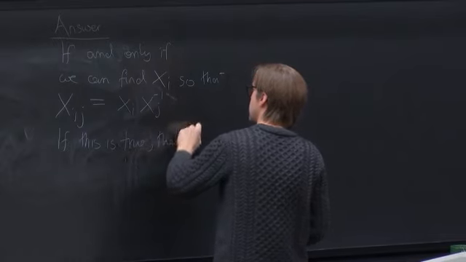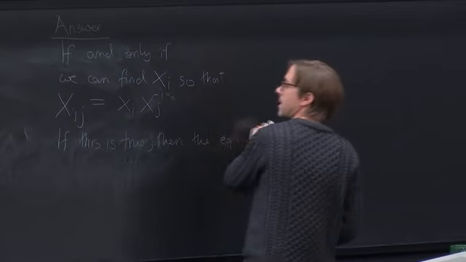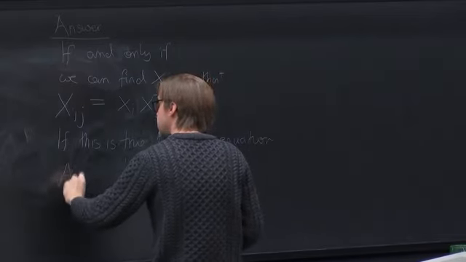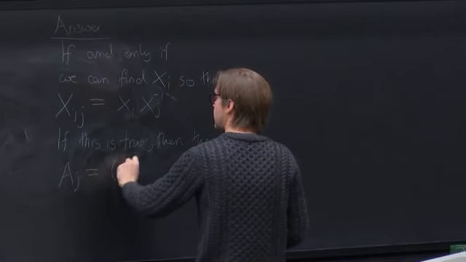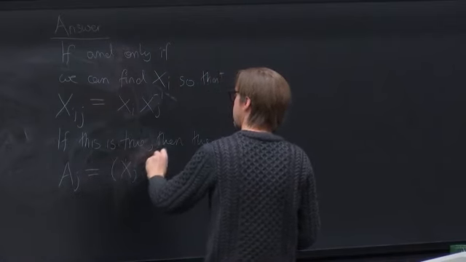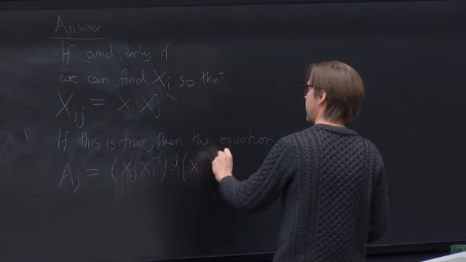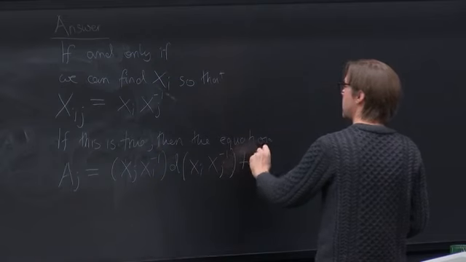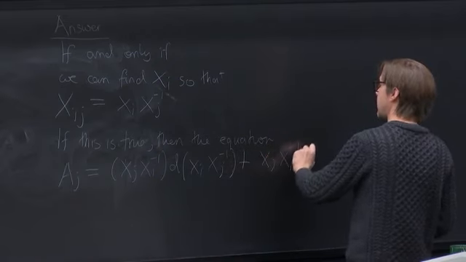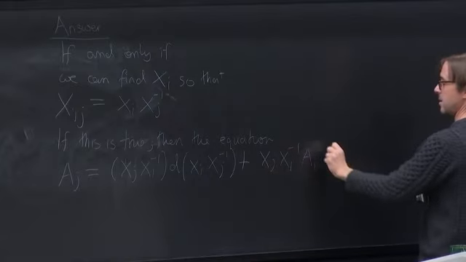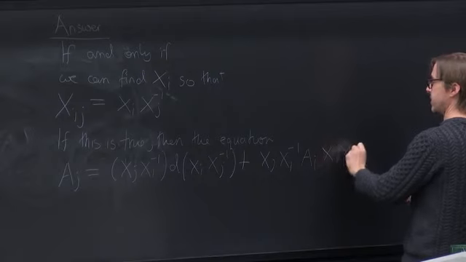then the equation that Aj is equal to xj xi inverse d xi xj inverse plus xj xi inverse Ai xj inverse.